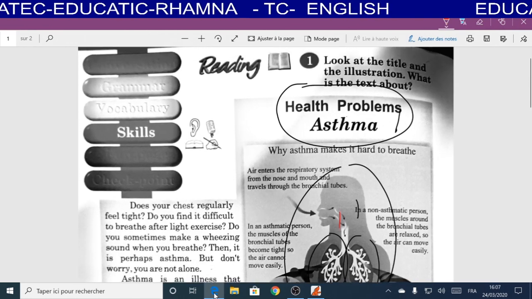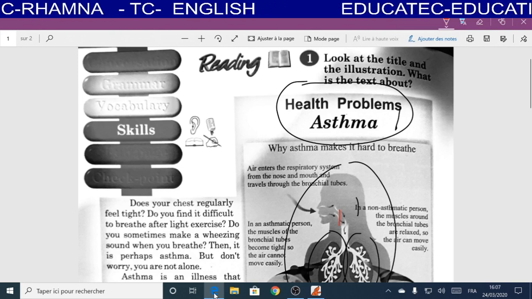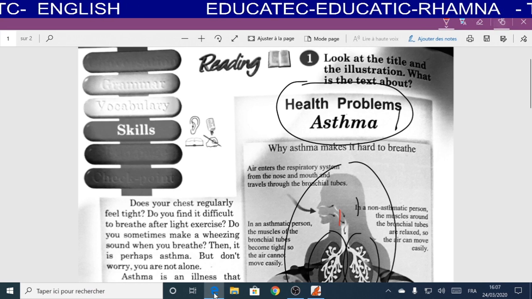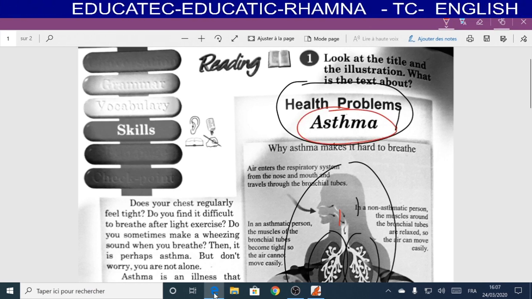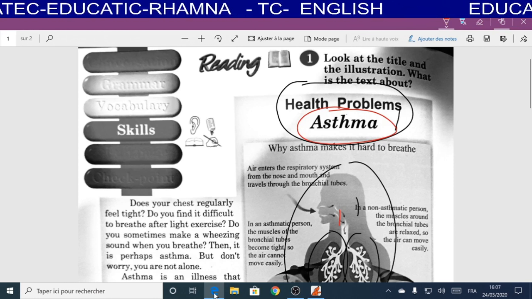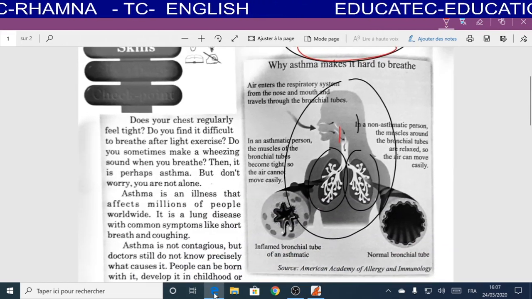So what do you think the text is going to be about from the title or from the illustration? I think the text is going to be about asthma, which is a disease, a health problem, and we will see how it is defined and how it is approached in this text.